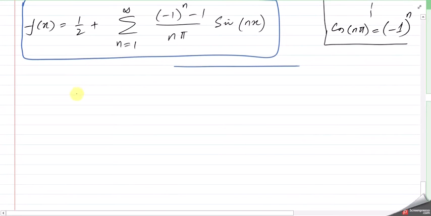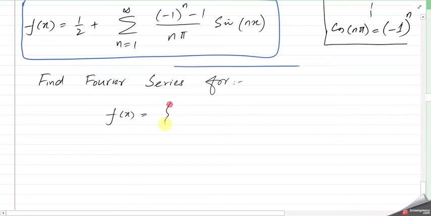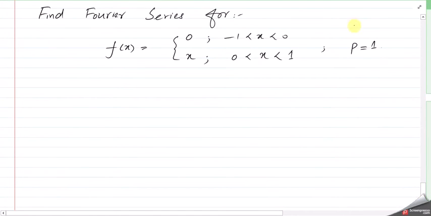Our next question is find the Fourier series for f of x equals 0 between minus 1 and 0, x between 0 and 1. We can see that p is 1 because our interval is -1 to 1. Okay. Our interval is -1 to 1, so p is 1.